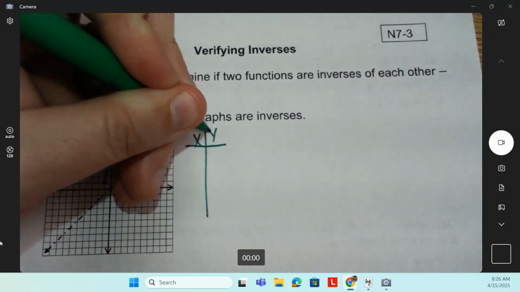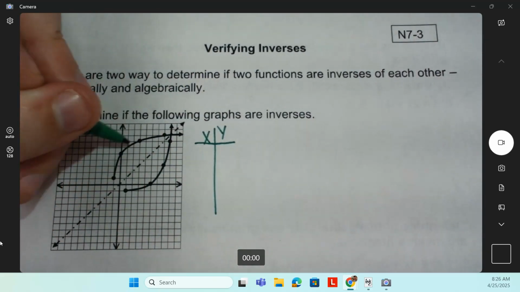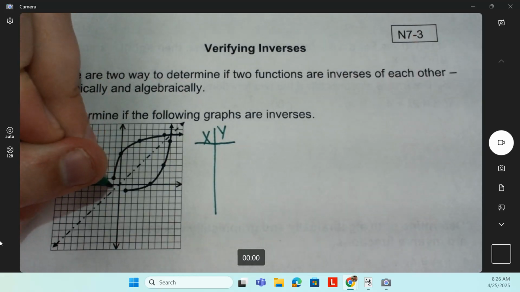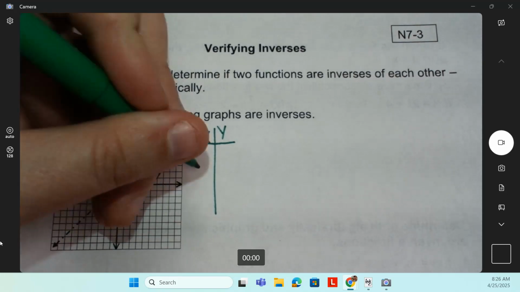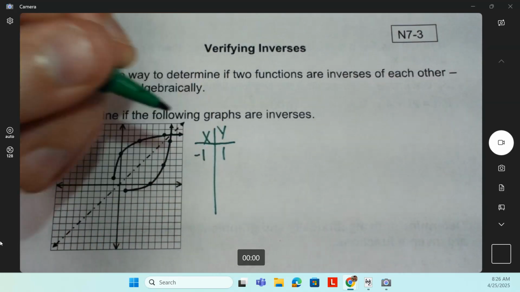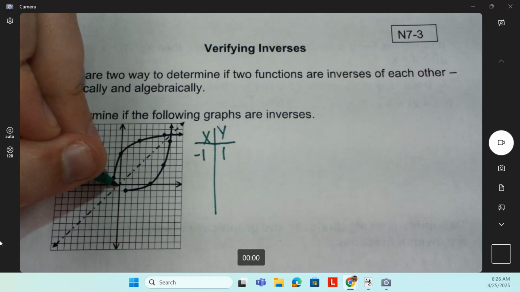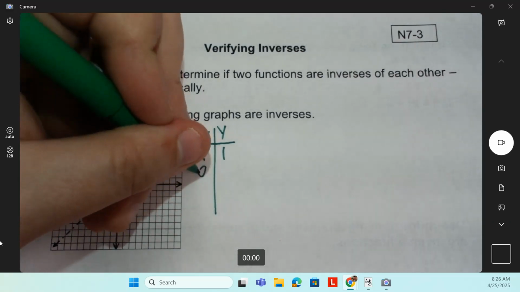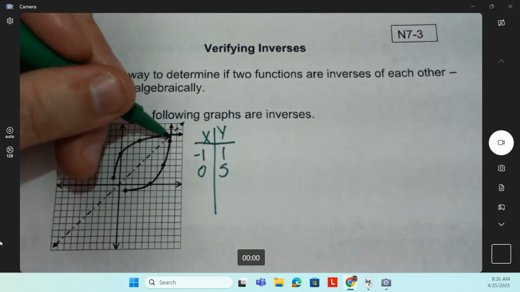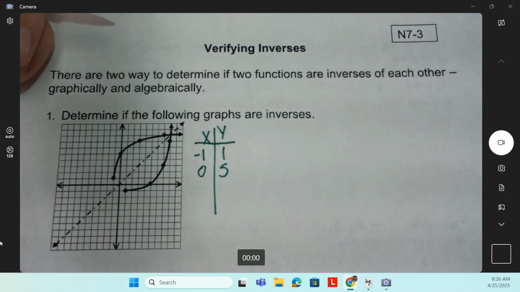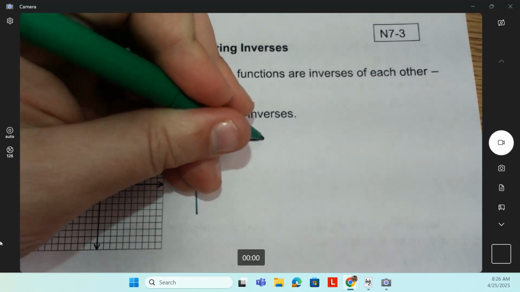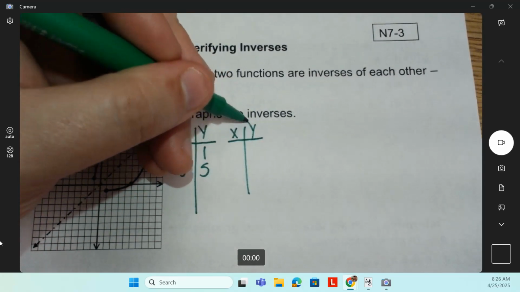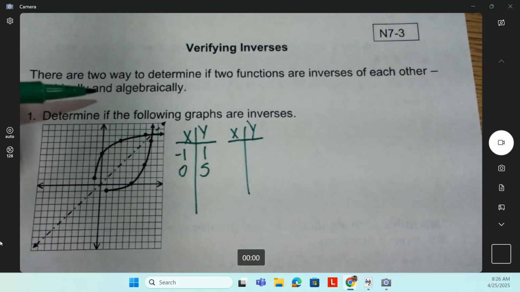So x and y, say on this one here, we've got -1, 1, and then 0, 5. Seeing that they cross there for sure, we can say, okay, if they are the inverse on a couple points, then we should be good.